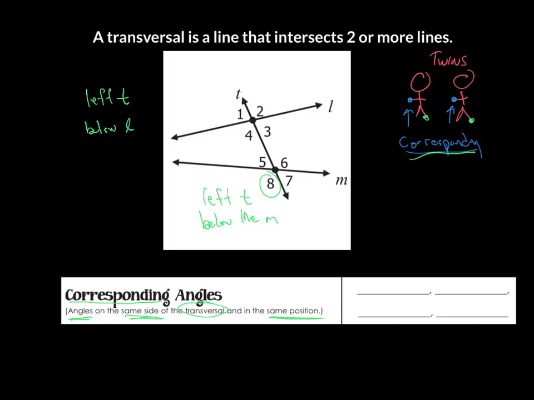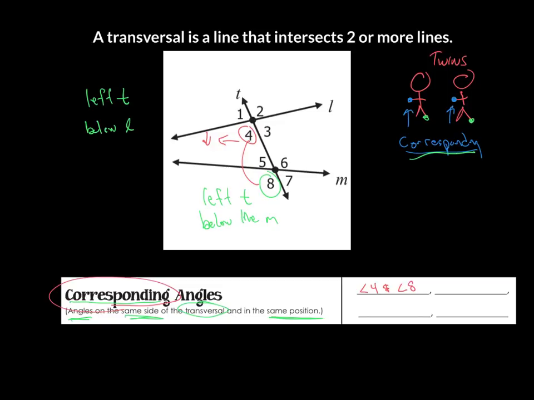So you say, well, that's pretty simple. That's going to be 4. 4 is to the left of the transversal and below the line L. So that would make angle 4 and angle 8 corresponding angles.